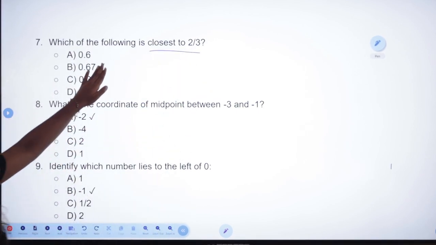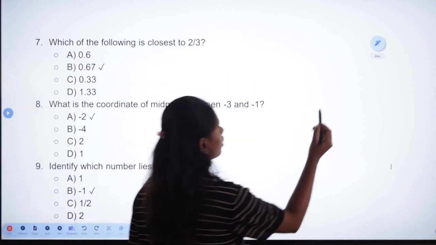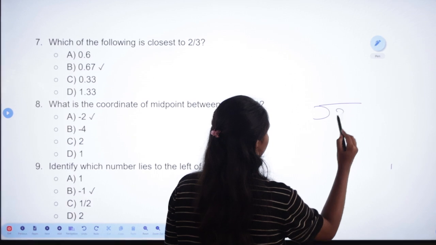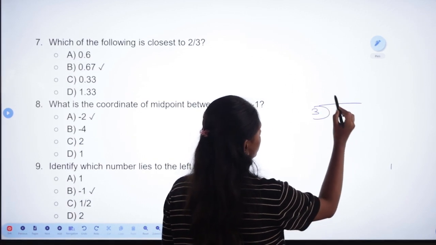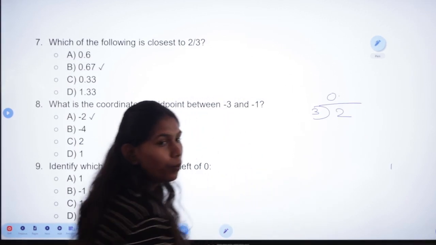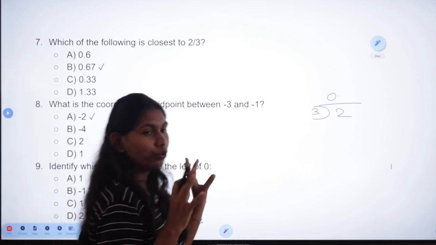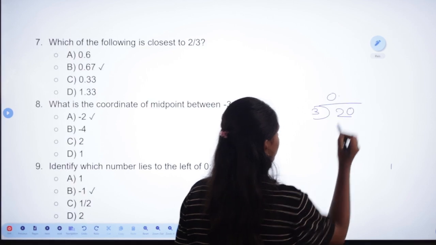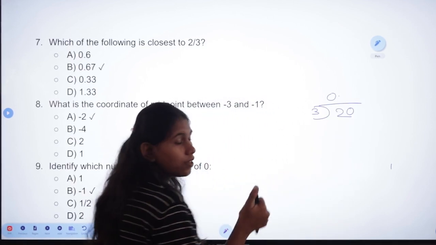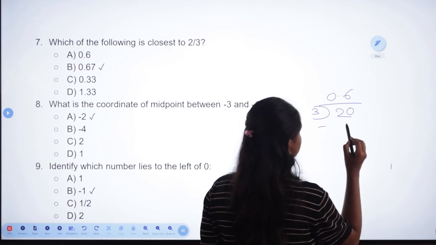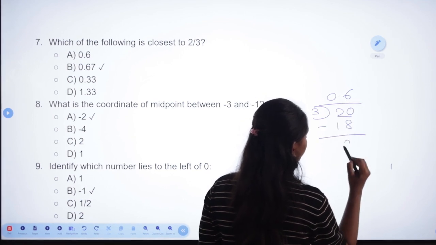Then next, which of the following is the closest to 2 by 3? Let's check 2 by 3. So 3, 0. Why 0? Because 2 divided by 3 is not possible, then you can add a 0 here. Then 3 5s are 15, 3 6s are 18, then 2 remaining.